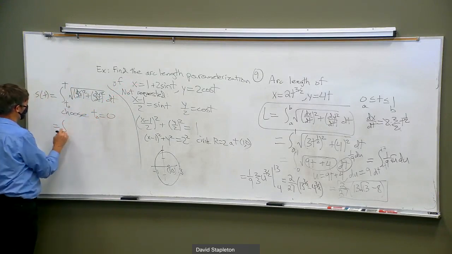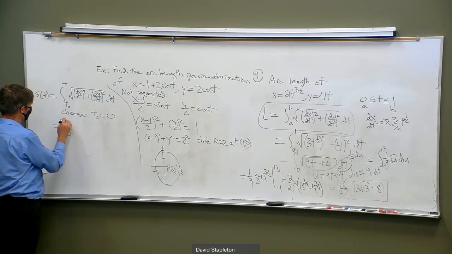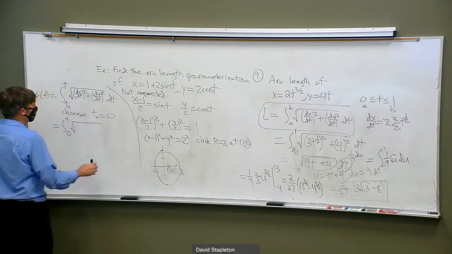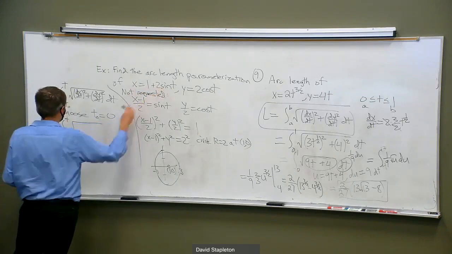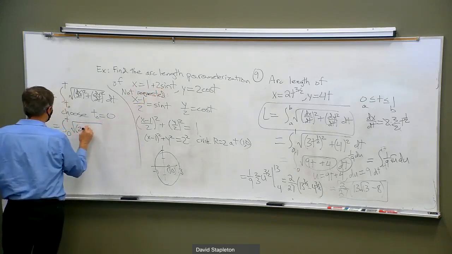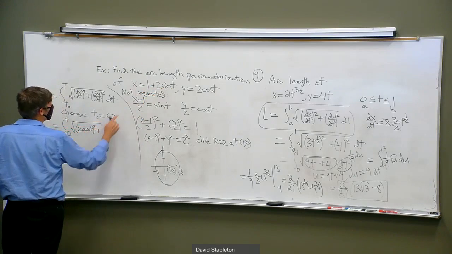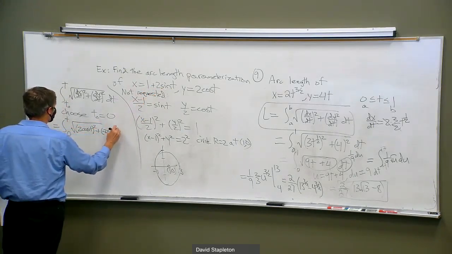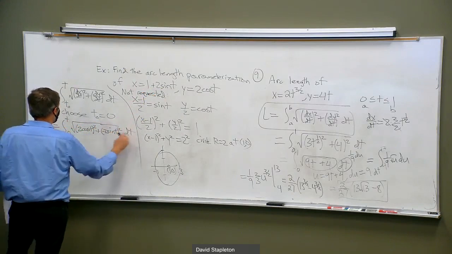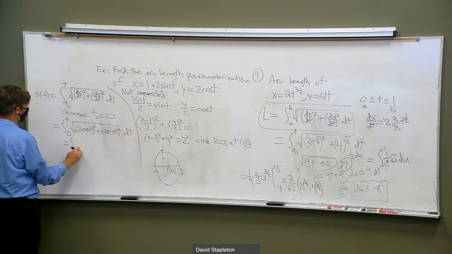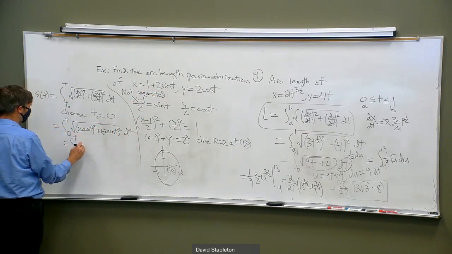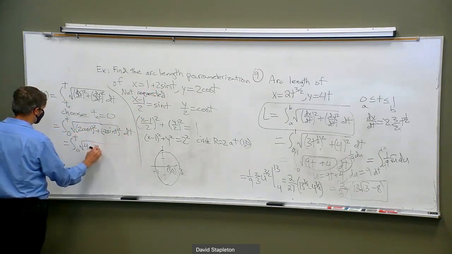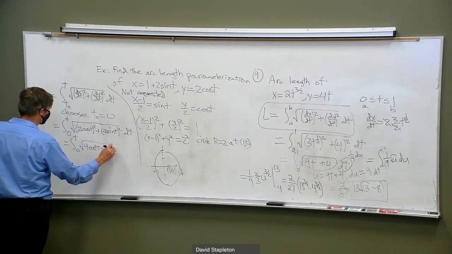And this becomes the integral from 0 to t of the square root of dx dt, which is 2 cosine t, and dy dt, which is minus 2 sine t. And now you've got the integral from 0 to t, the square root of 4 cosine squared plus 4 sine squared.